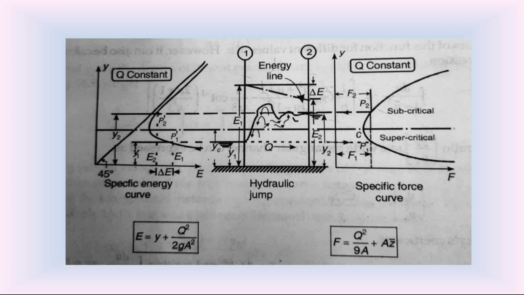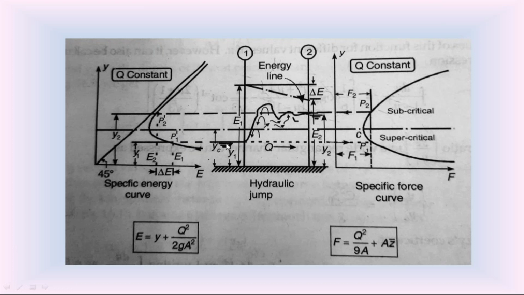By using that equation, taking the specific energy on x-axis and depth of flow y on y-axis, you will get this graph. This is called specific energy curve. The equation of this specific energy curve is E is equal to y plus q square by 2g A square.